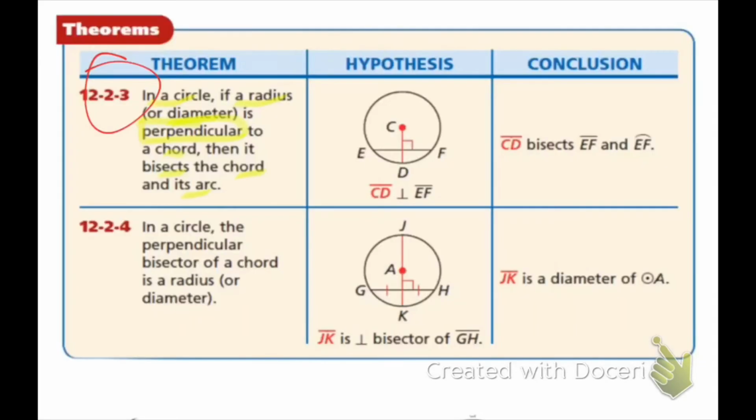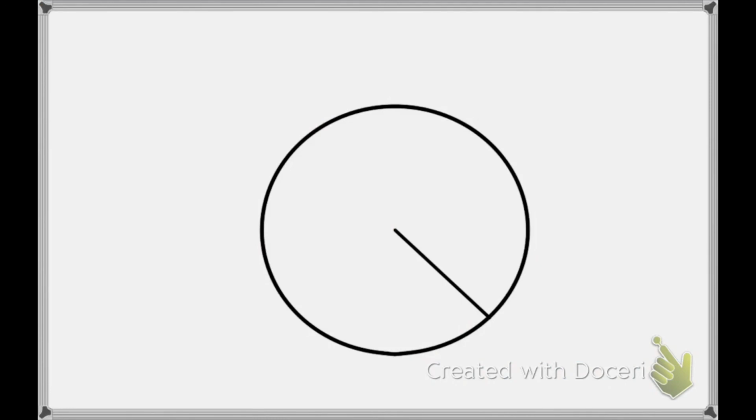Now conversely, if you have a circle and the perpendicular bisector of a chord, then that perpendicular bisector is the radius or the diameter. So on this one, I'm going to start with a chord and a segment that bisects the chord or the arc.